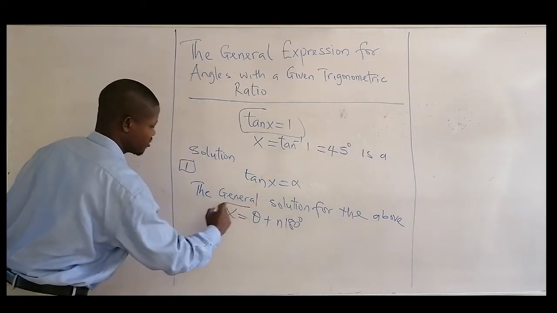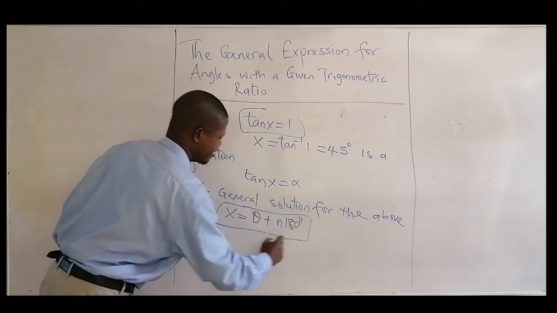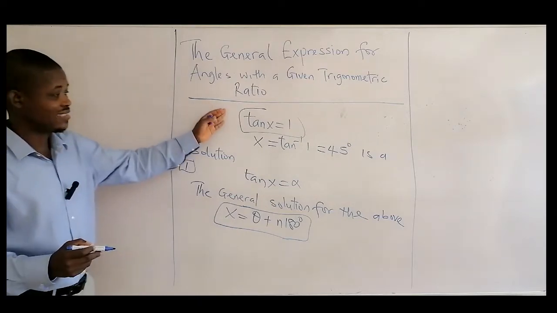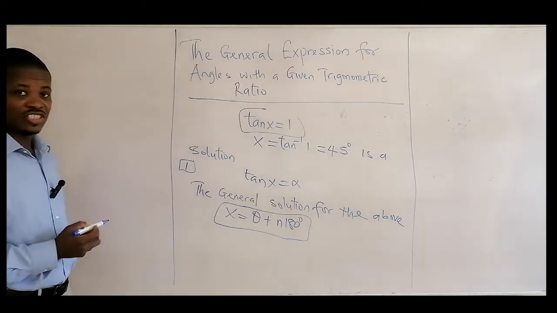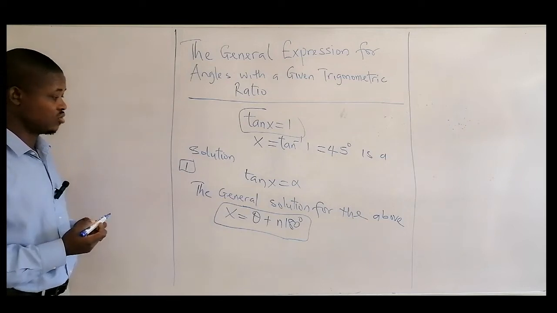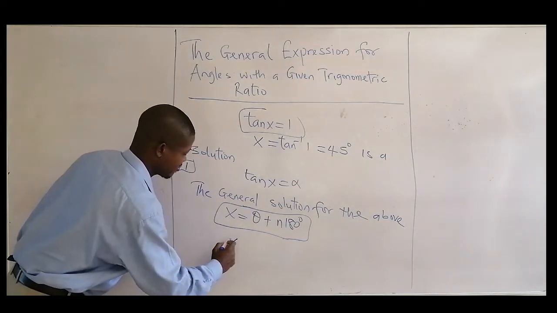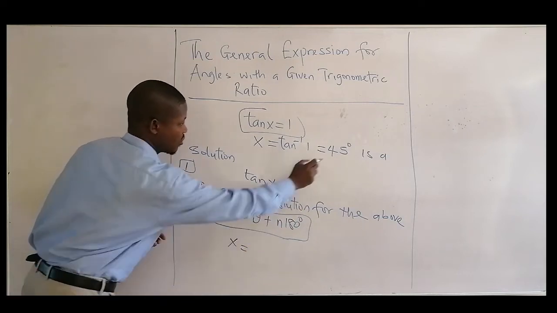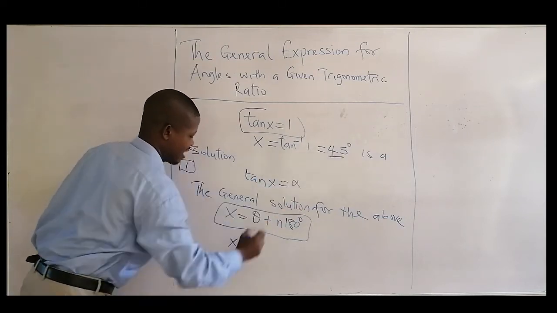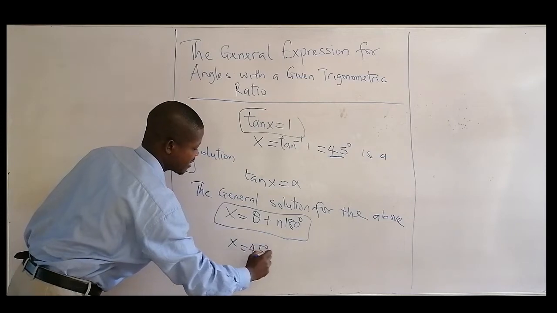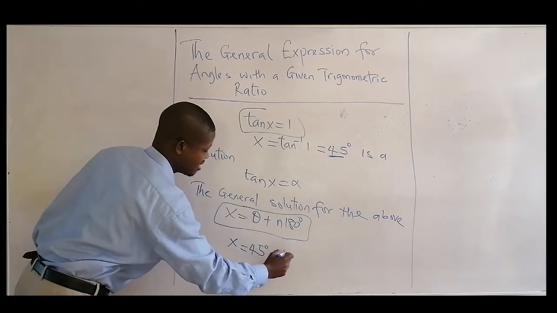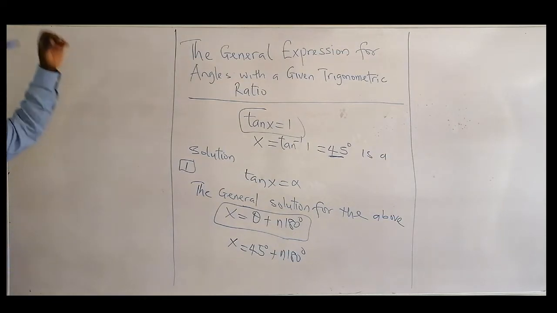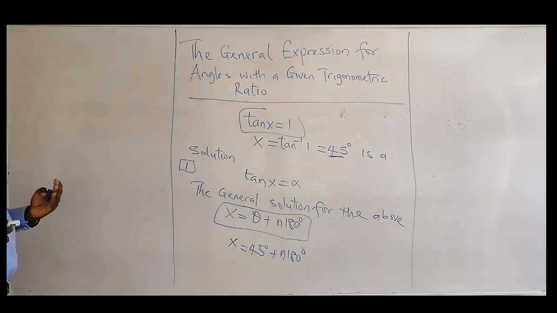With this equation, we can list all the solutions for this equation. For this example, the general solution will be x equal to our angle that we got here, which is our theta, 45, plus n 180 degrees.